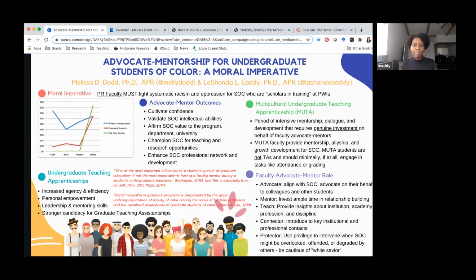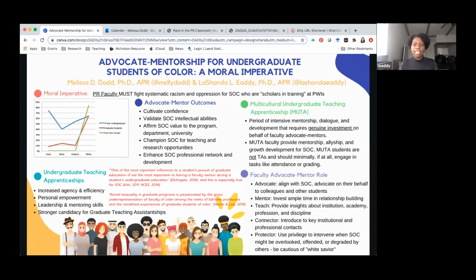So in addition to being a mentor for the students in the program, it's important that faculty also serve as allies and also ensure that the students who are participating are in fact growing and developing towards an ultimate goal of joining the academy. And so when we talk about the actual roles for the faculty advocate mentor, we came up with these roles here that you'll see at the bottom.